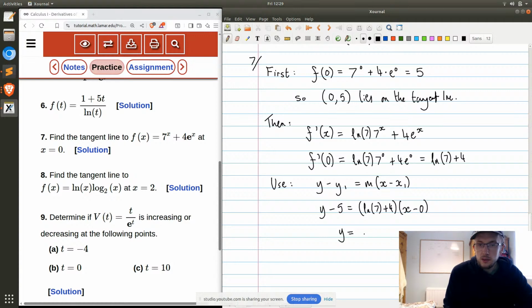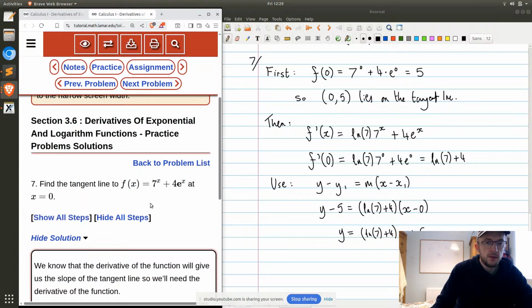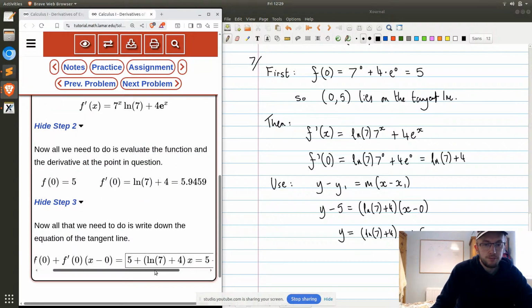So y equals ln 7 plus 4 x plus 5. And so I believe that is right, but we must check. Everything must be checked. And that's right. That's right. And there's the approximation.